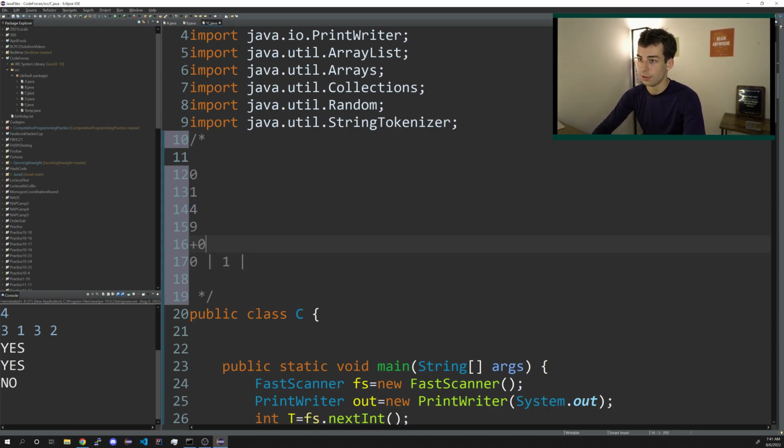This is plus 0, plus 0, and then we have 1, and then 2, 3, 4, 5, 6, 7, 8, 9. So if the length of the array is a perfect square, we can just do it in reverse order.